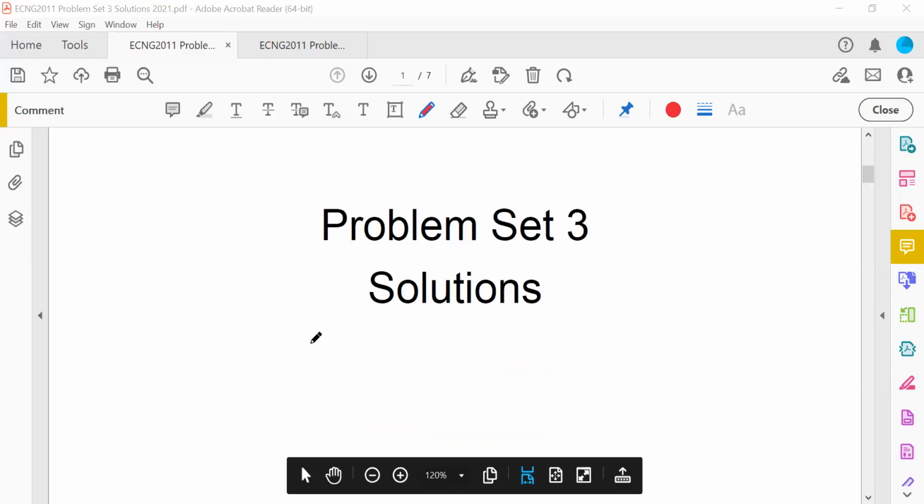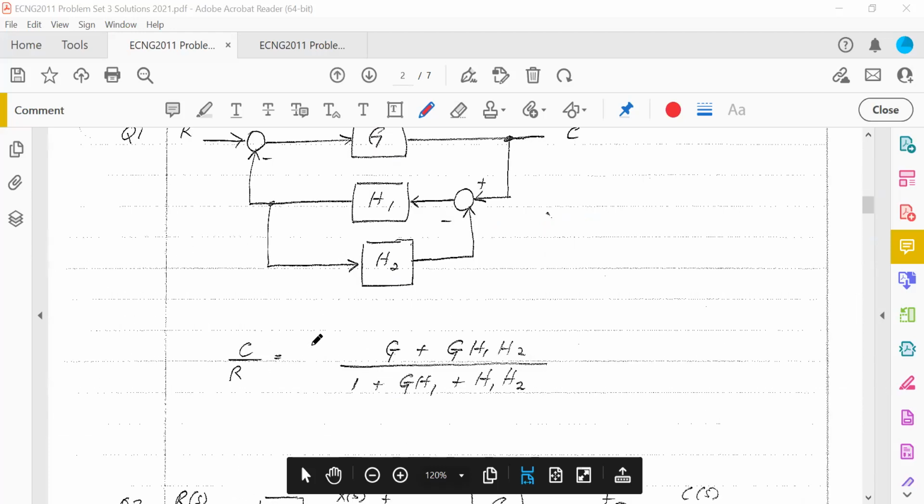Right. So let's look at the solution for that particular one now, because there were two ways you could do it. And as I mentioned before, not all of the block diagrams have a unique solution.